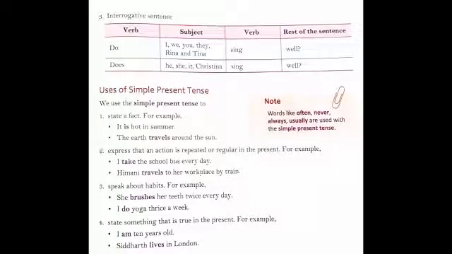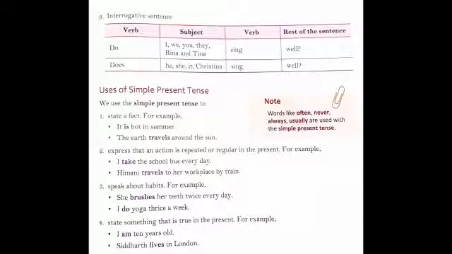Interrogative sentence. In an interrogative sentence, we write the sentence in a question form. When we ask something or question someone else, we write the helping verb first, like do, then the subject: I, we, you, they, Rina and Tina, then the main verb and the rest of the sentence.